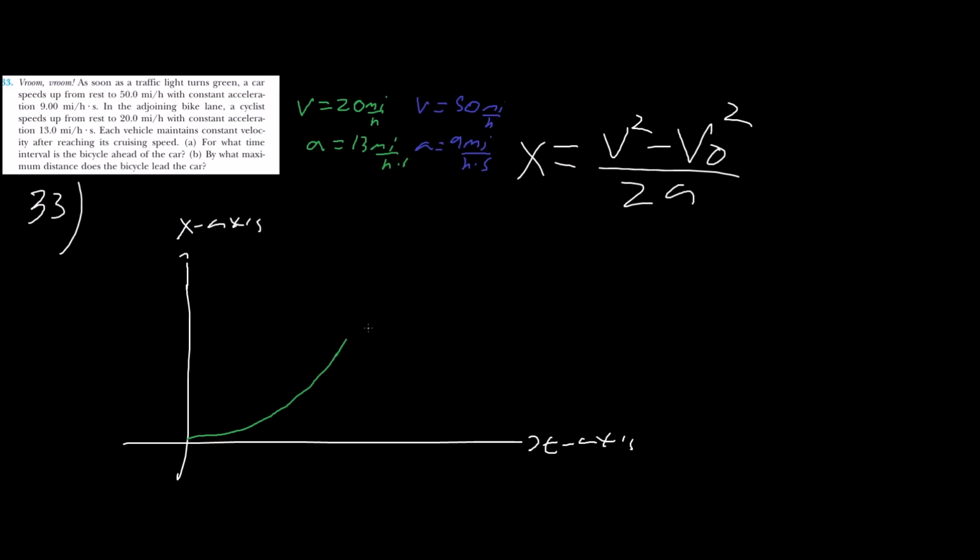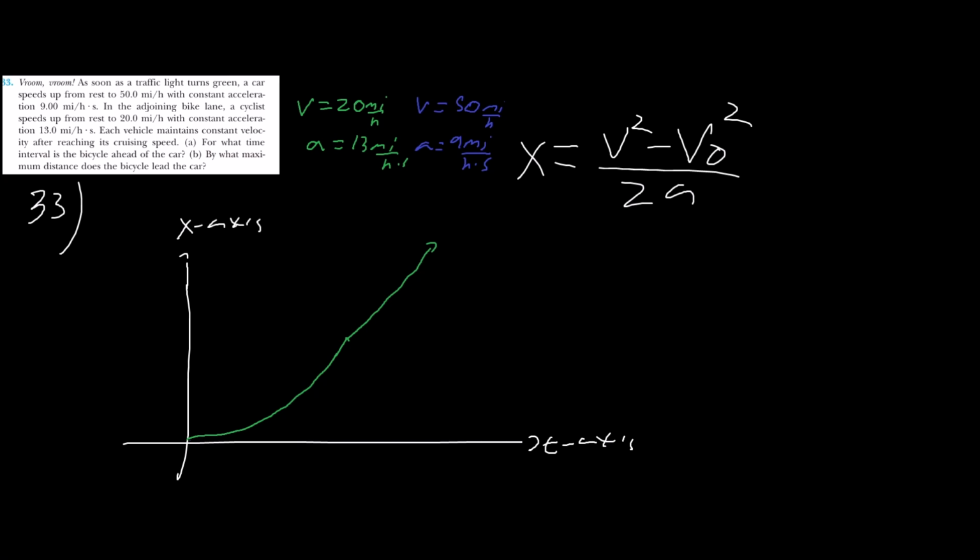But once it reaches its 20 miles per hour, then this is going to turn into a straight line. And that's the position for x. So from 0 to whatever that time interval, the velocity of the bike is 20 meters per second, it's going to be this part. And the blue car is going to get lower, but I'm not sure.